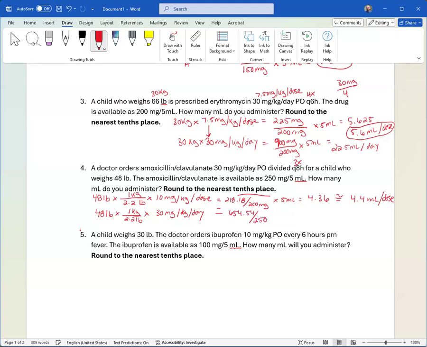And then I'm going to take my 250, because this is my available, times my 5. So I'm going to take my 654.54 repeating times 5 divided by 250, and then I'm going to get 13.09 repeating. And I'm going to round that to the nearest tenth. So 13.1 ml per day.